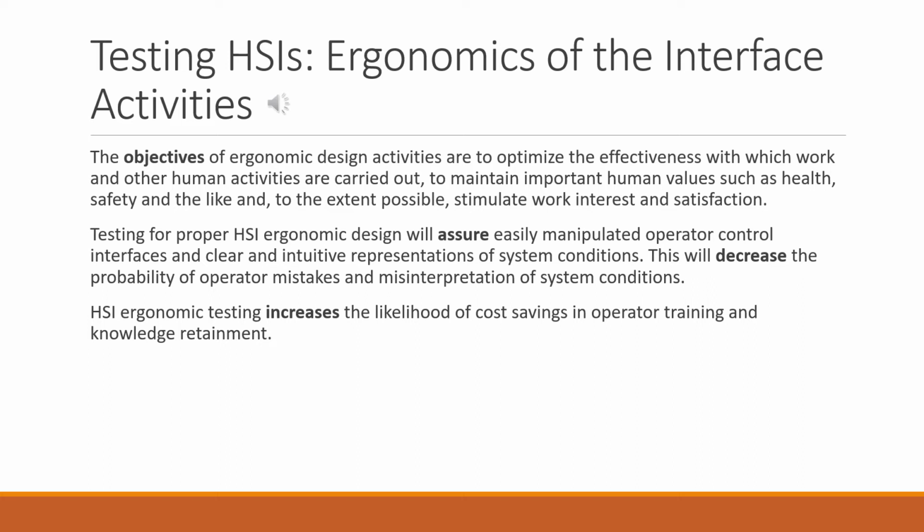Testing for proper HSI ergonomic design will assure easily manipulated operator control interfaces and clear and intuitive representations of system conditions. This will decrease the probability of operator mistakes and misinterpretation of the system conditions.